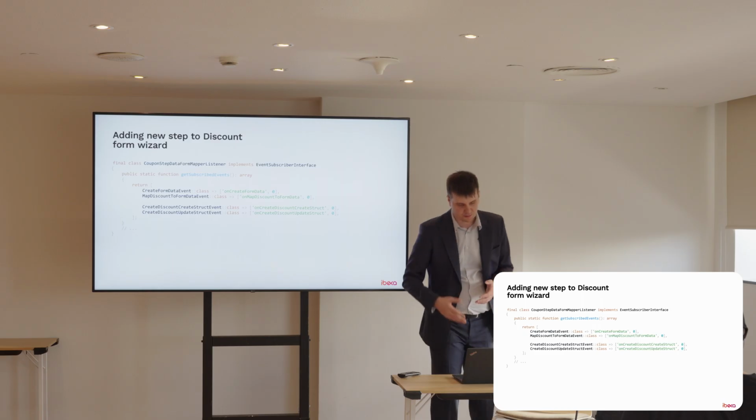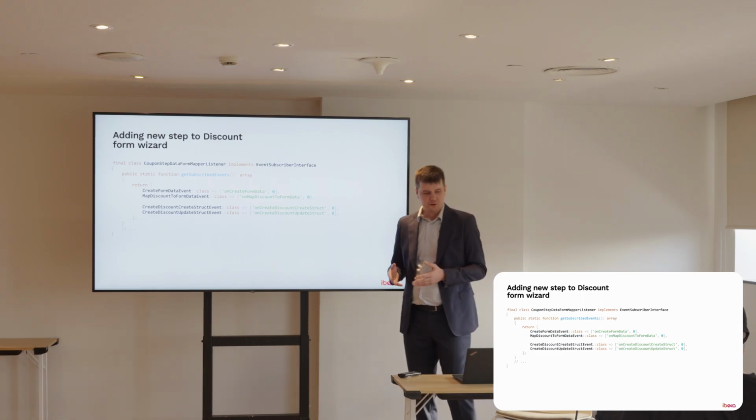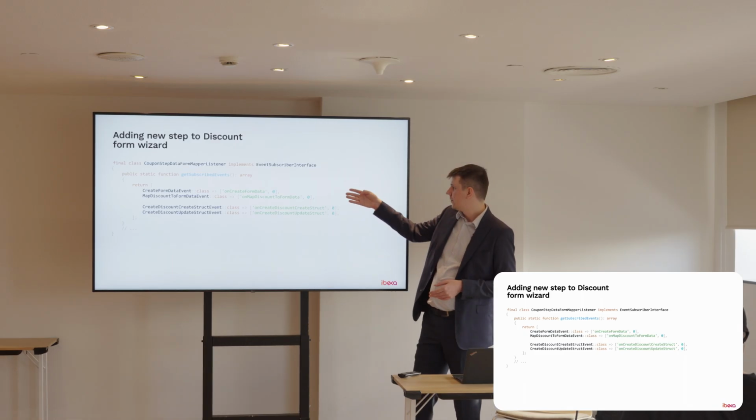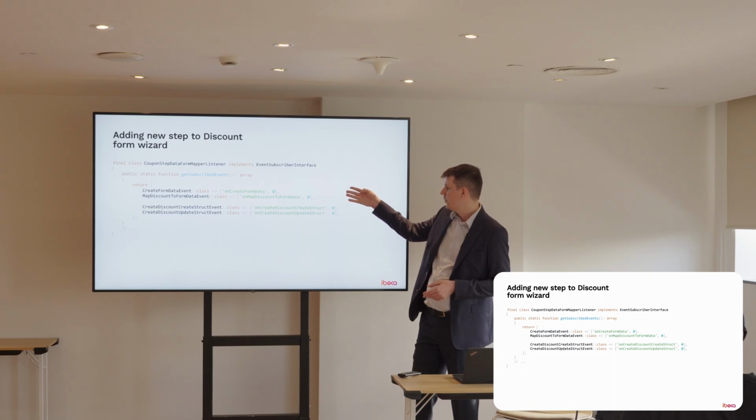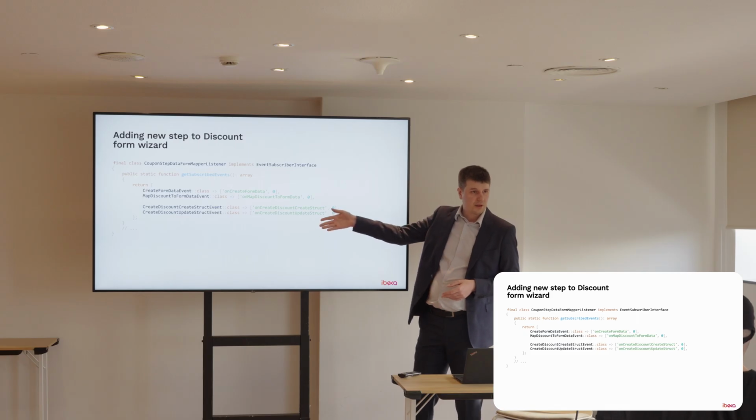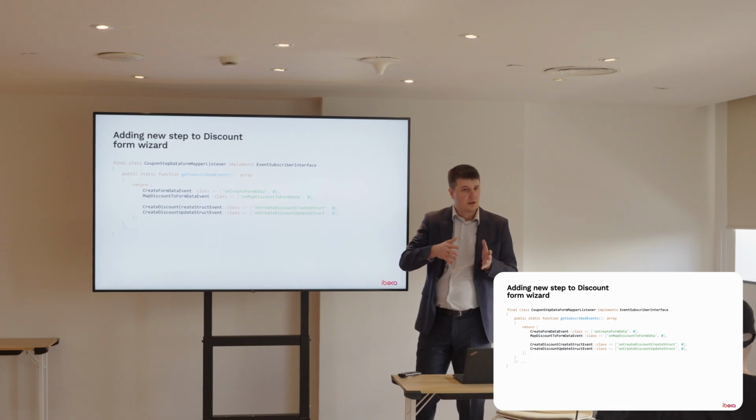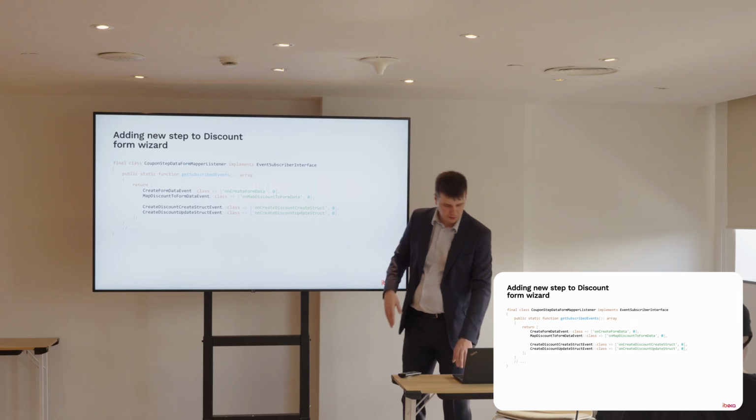And the actual form mapper reacts to 4 events. It's the create form data, the map discount form data, and those 2 events that are required for the conversion of data into structures, into structs.